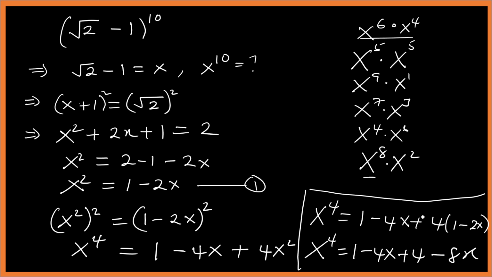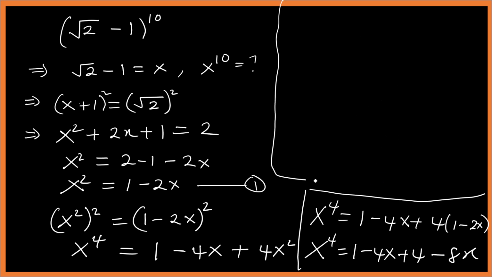Okay, so let me use this side. So we have x to the power 4: 1 minus 4x plus 4, so we have 5 minus 12x.